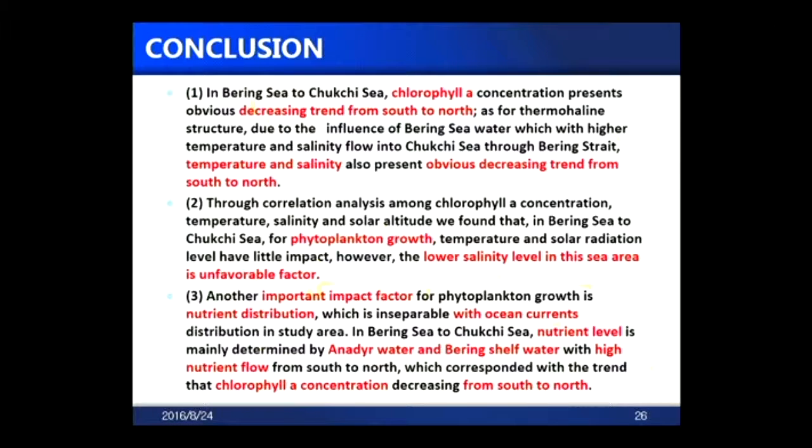So we think that for the phytoplankton growth in this summer season in this area, the salinity means the ocean currents. With the ocean currents from south to north, it brings the nutrients. So the nutrient level is limited by the ocean currents. Whether it's stronger or weaker, it will make every year's chlorophyll in this area during summer different, not during spring. We also see the spring bloom, but in summer it's a different phenomenon, I think.